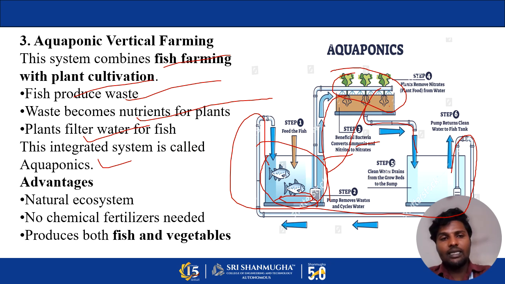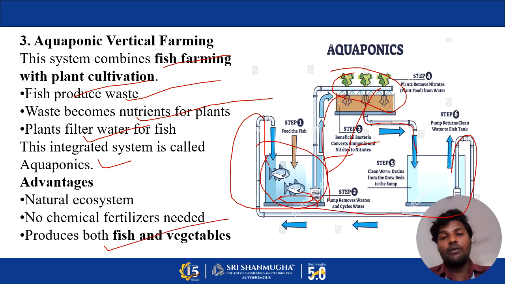In aquaponic farming we don't interfere in this process. No chemical fertilizers are needed for plant growing, unlike hydroponics and aeroponics. The plant nutrients come from another natural system, the fish farm, so it produces both fish and vegetables.